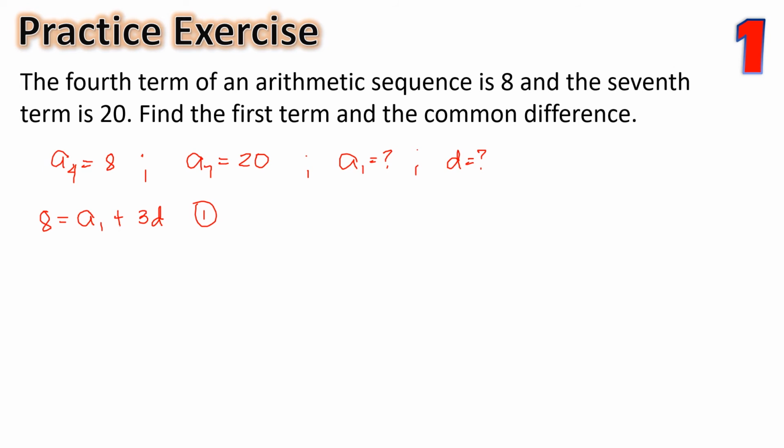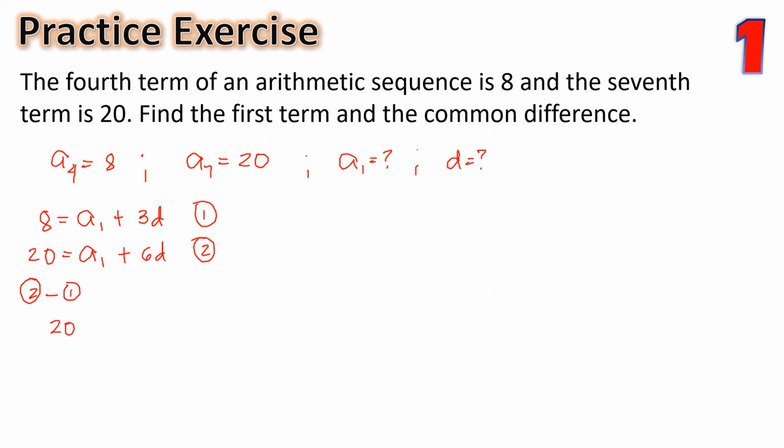And the equation for a sub 7, we have 20 equal to a sub 1 plus 6d. This is our equation 2. 6 is obtained from 7 minus 1. We're going to solve these two equations simultaneously to get the values of a sub 1 and d. Let us subtract equation 2 minus equation 1.